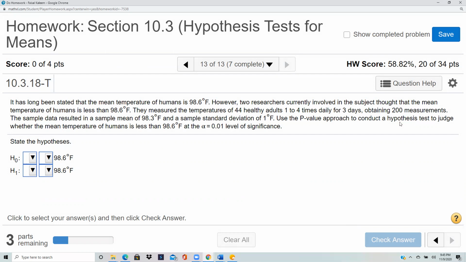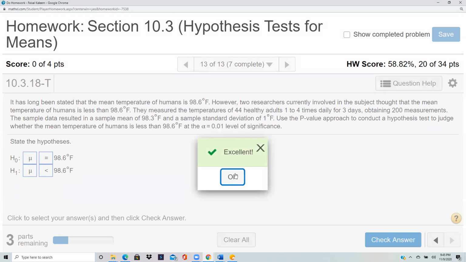Use the p-value approach to conduct the hypothesis test to judge whether the mean temperature is less than 98.6. So the mean is what we are testing, mu. The null always has equals, and we are testing whether it's less than 98.6.